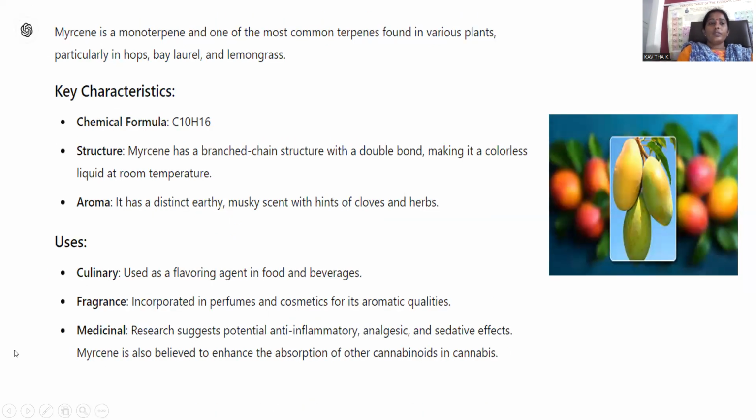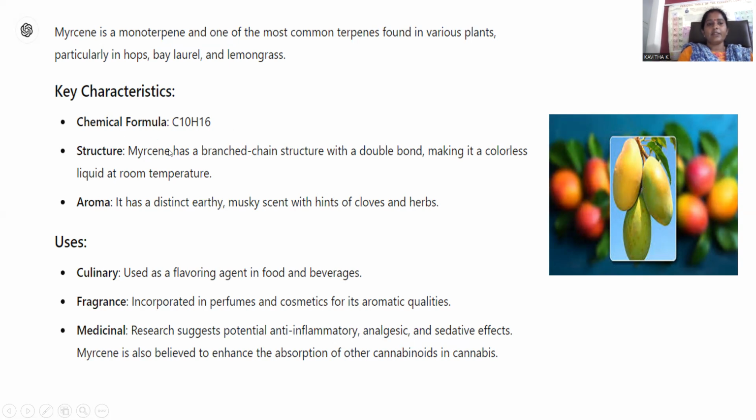And we will go with another compound called myrcene. Myrcene is a monoterpene, one of the most common terpenes. It is available in various plants, particularly in hops, bay laurel, and lemongrass. Even in lemongrass, this myrcene is located. In mango, we can extract this myrcene.